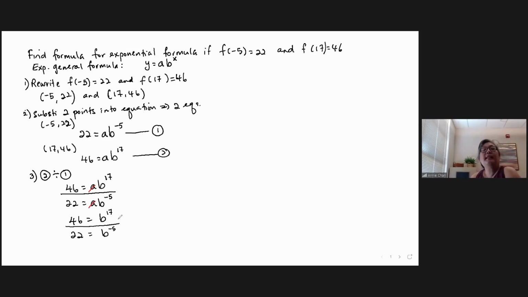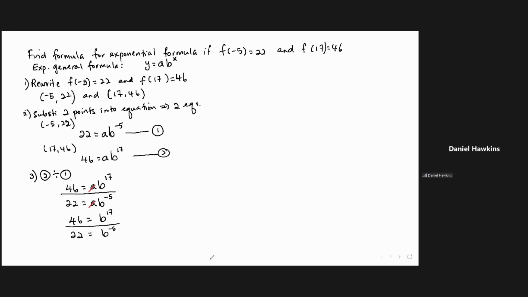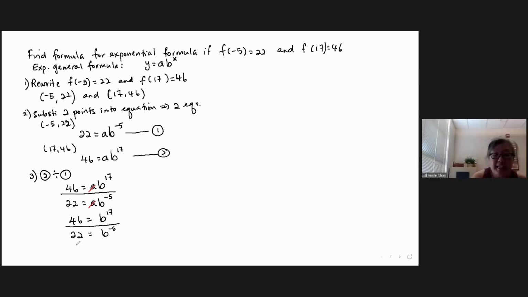Now, what did the exponential rule tell you when I have the same base to the power of something and divide by something of the same base to the power of something? It's minus. Exactly. So this is 46 over 22 equals b to the 17 minus -5.